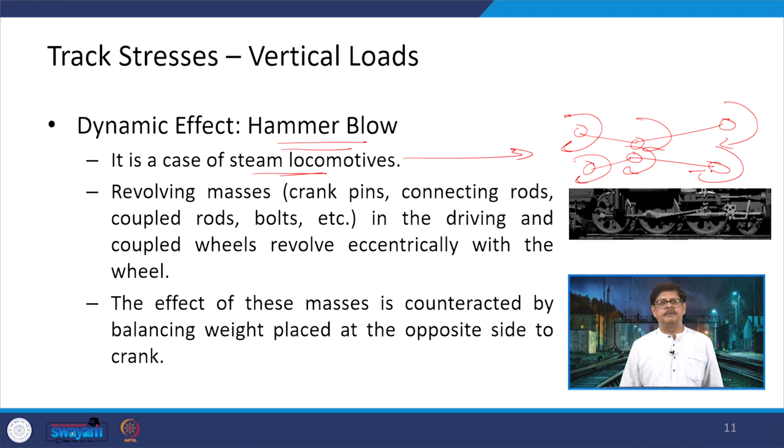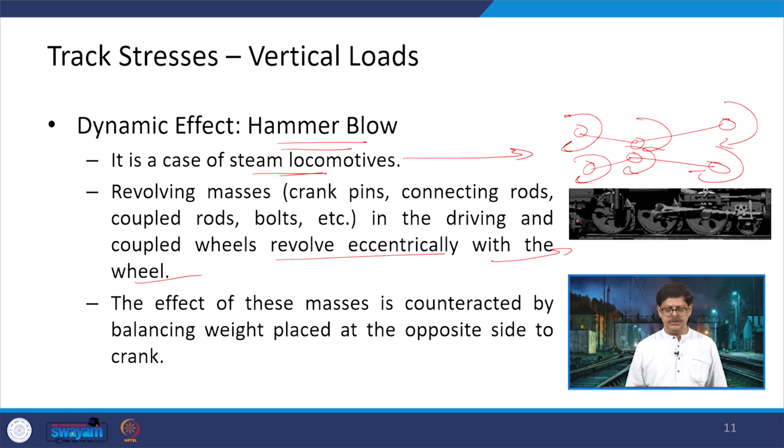These revolving masses, which are crank pins, connecting rods, coupled rods, bolts, etc., in the driving and the coupled wheels, revolve eccentrically with the wheel, as you can see on the side. They are not moving just at one point; there is a change in the location.